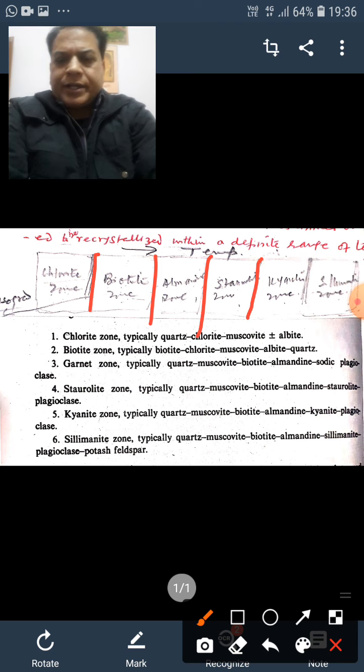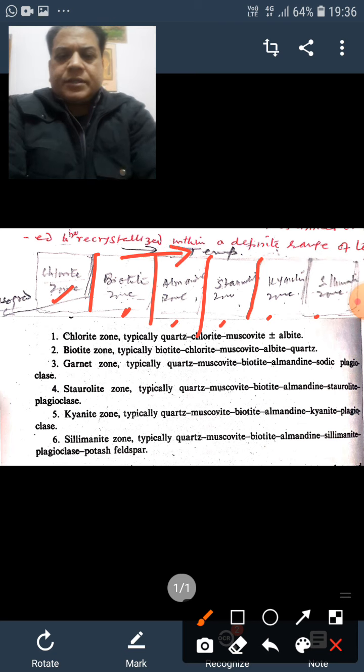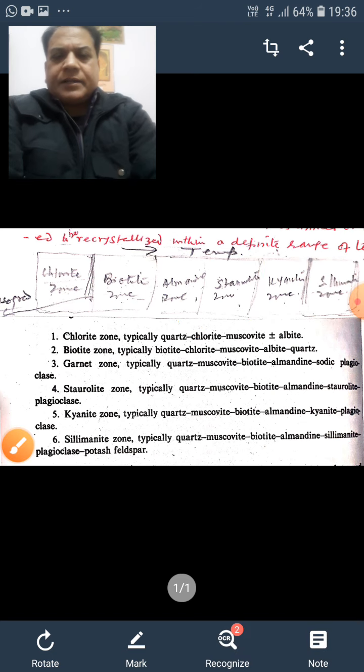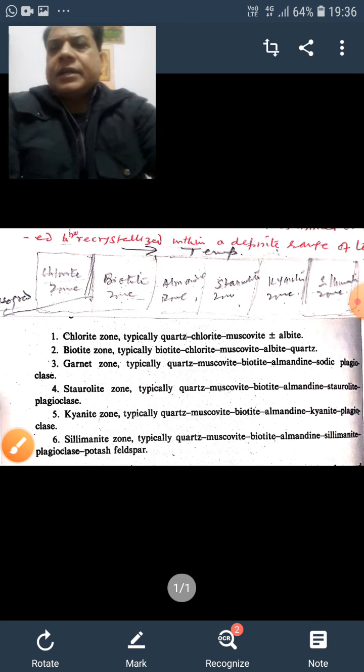This is your chlorite zone, biotite zone, almandine zone, staurolite, kyanite and sillimanite, with rising temperature.